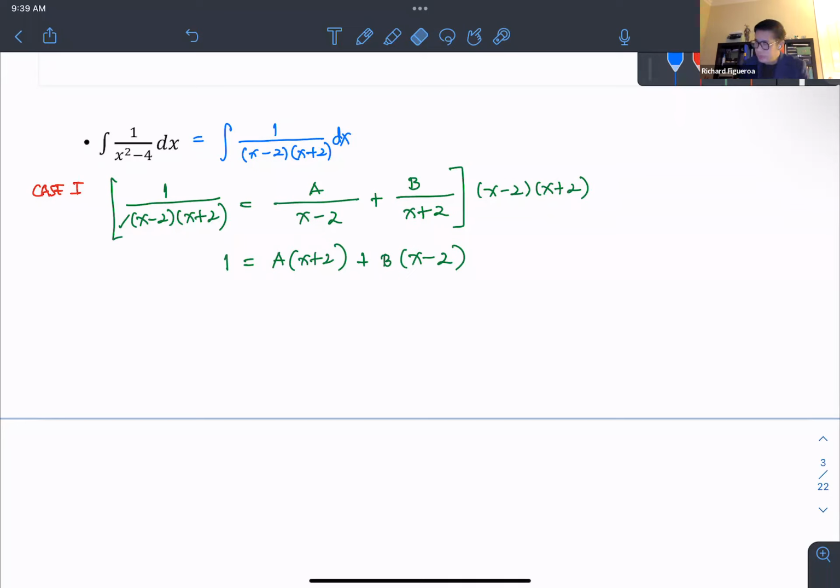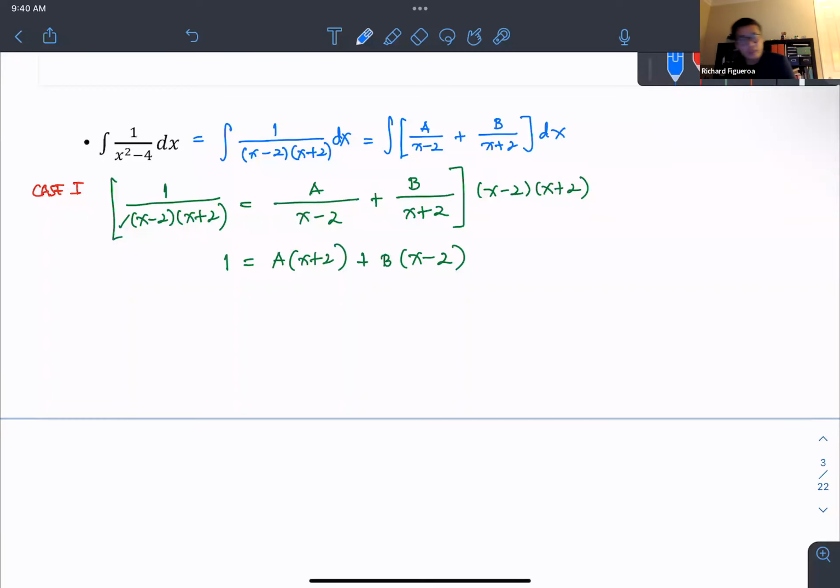Actually, our objective here is this: since we cannot integrate right away, although we can probably use trigo substitution here, an alternative method would be this one. Ang gagawin lang natin dito, since this is equivalent to A all over x minus 2 plus B all over x plus 2, multiplied with dx.